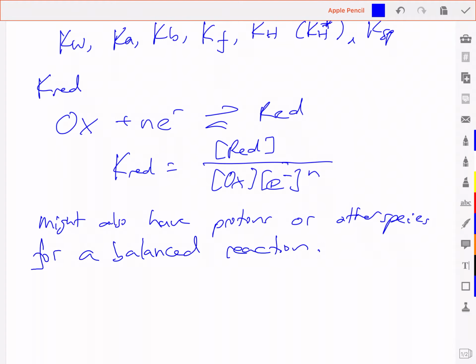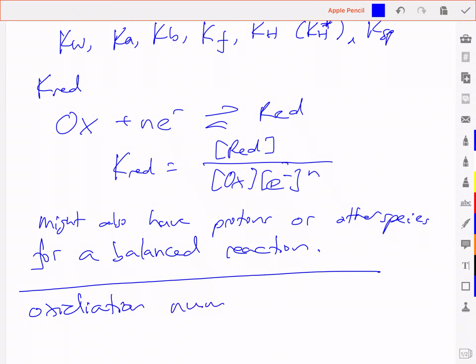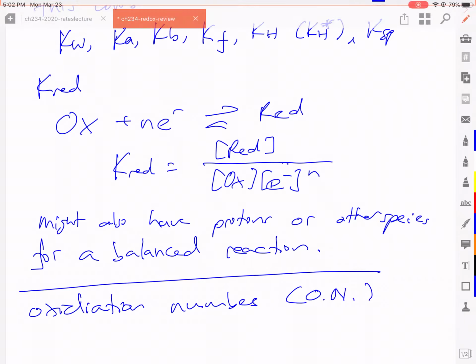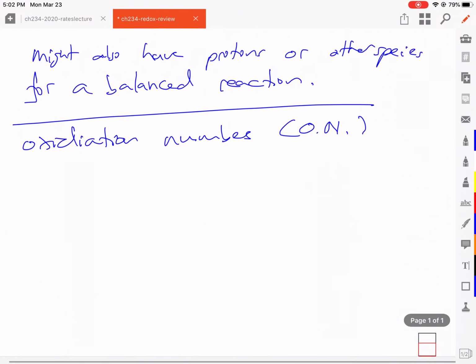All right. So the context is we're going to use these equilibrium constants to understand what's happening as we vary the oxidation reduction conditions of a solution. Before we can really get into that, we need to review oxidation numbers. So I'll call those ON, the text that I write below.